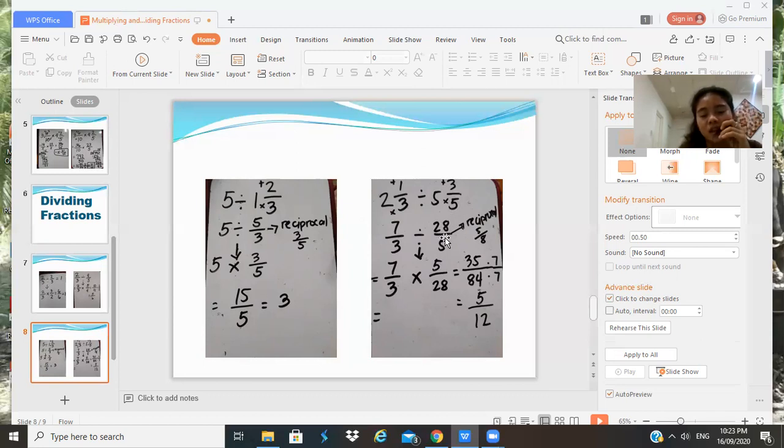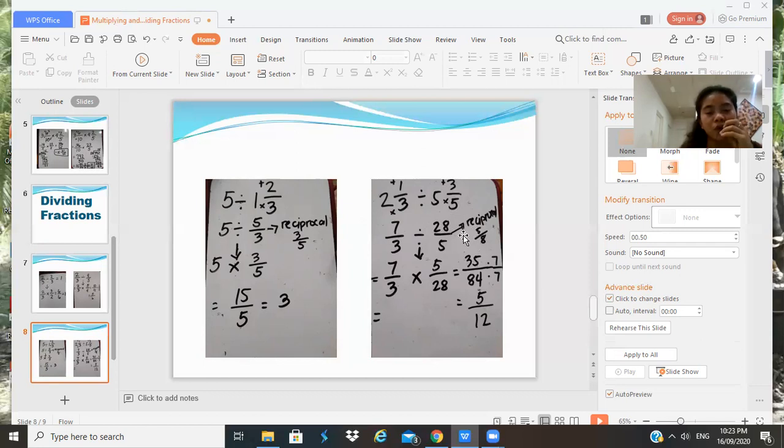So we will get the reciprocal. What is the reciprocal of 28 over 5? It is 5 over 28. Sorry, the 2 was not written properly.